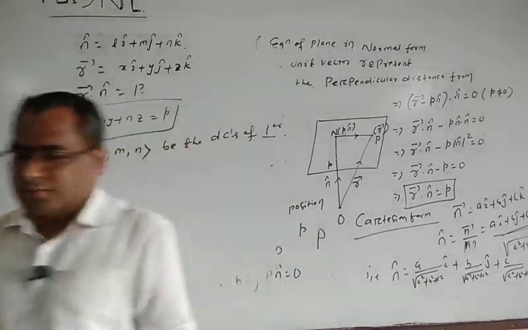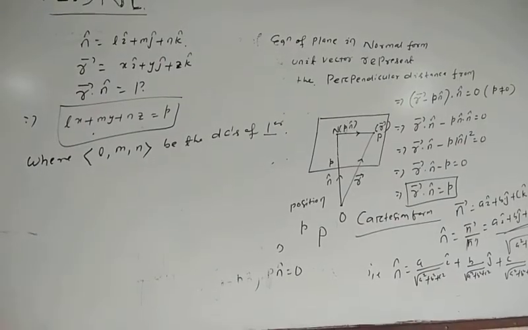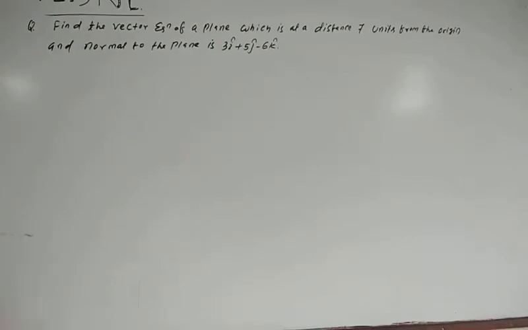Okay, next we take an example. Find the vector equation of the plane which is at a distance of 7 units from the origin and normal to the vector 3i cap plus 5j cap minus 6k cap.